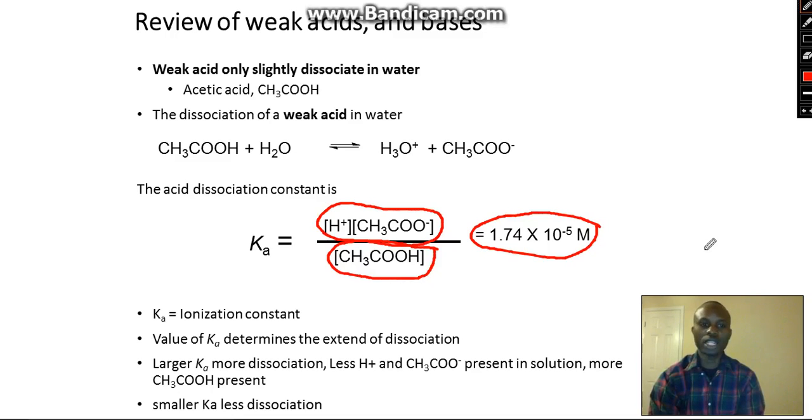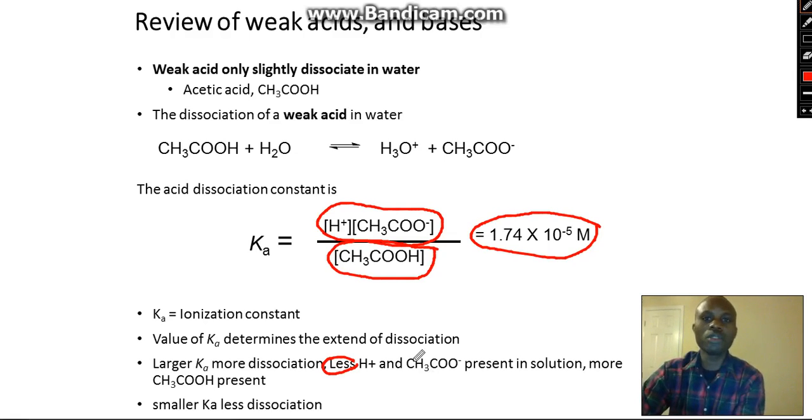So if you have a large Ka, you know that there is a lot of dissociation that has happened. So for a larger Ka, more dissociation. Here I put less, but it should read more. So we have more of hydronium ion in solution and the ethanoate present in solution because the Ka is large.